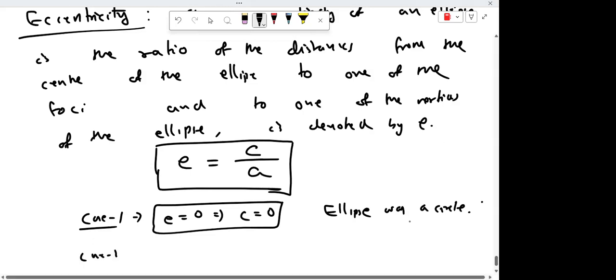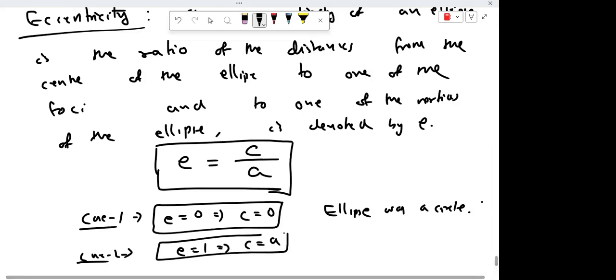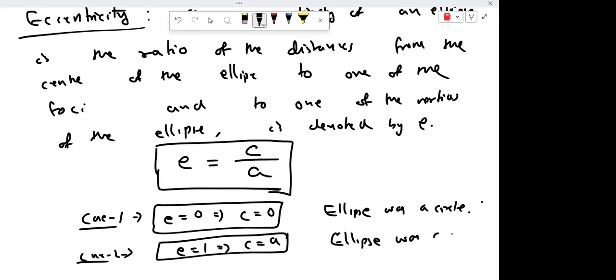In case 2, when E equals 1, this means C equals A, and the ellipse was a line. Clear, everyone? Yes, sir. Okay.